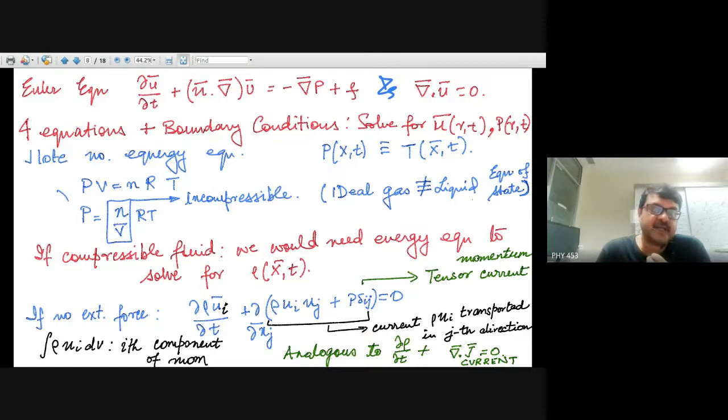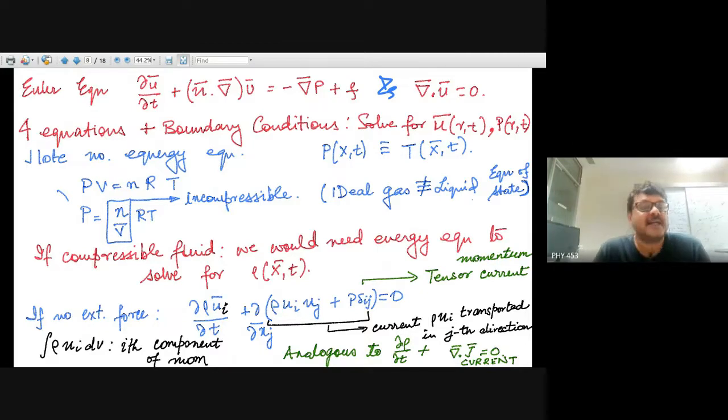P equal to nRT, and if it's incompressible, then the density, the number of particles per volume, is constant. The volume of the fluid or fluid element is constant, and then pressure and temperature are directly related. So if you know the pressure and you know the density, you also know the temperature, right?